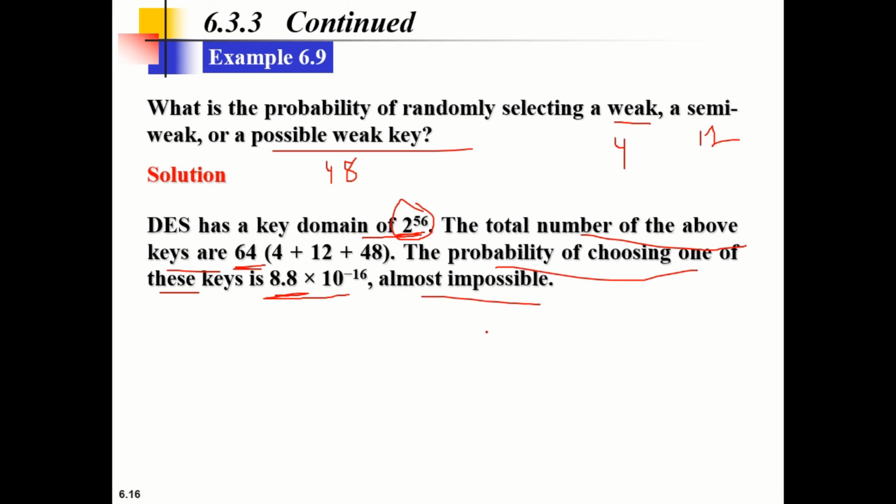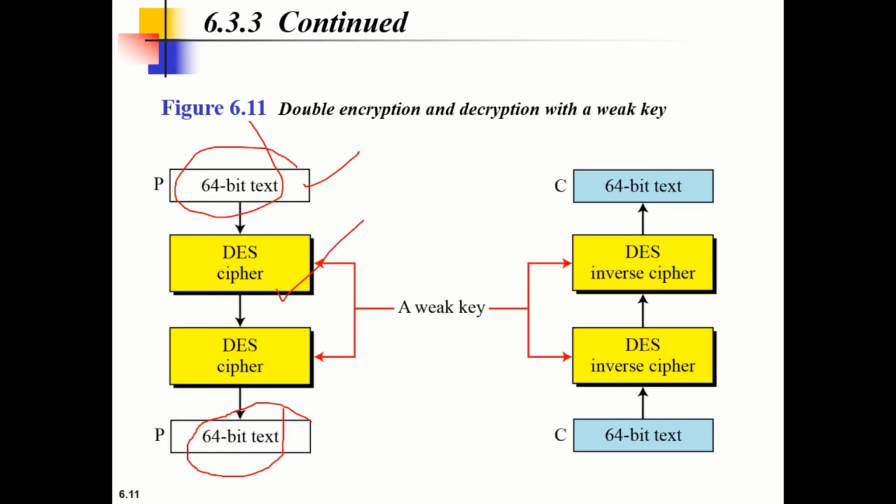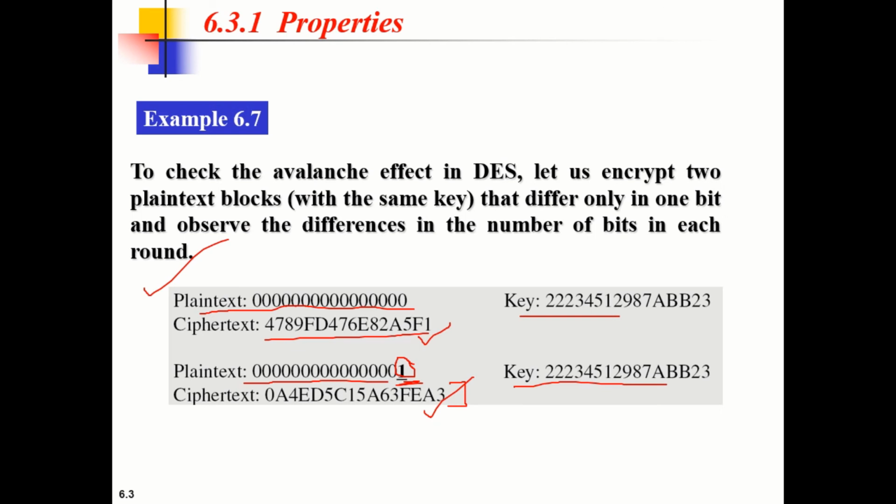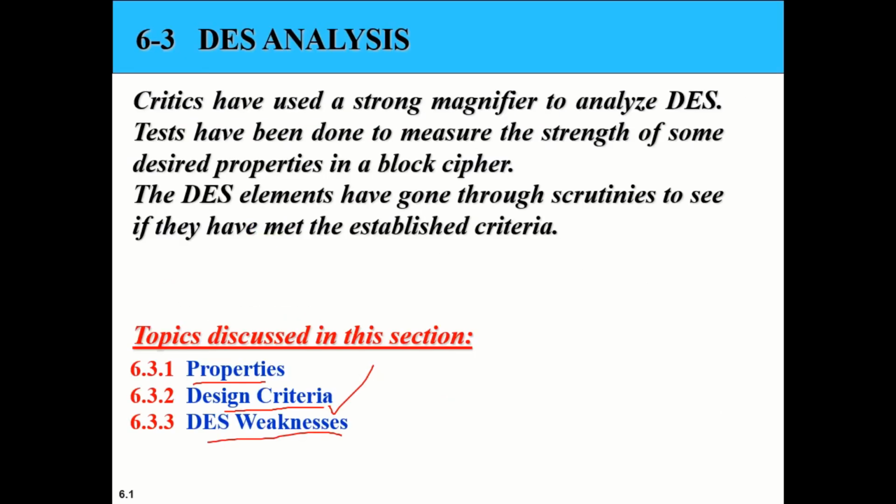So this is all about the topics which we have discussed today. This is all about the DES analysis, wherein we have discussed its properties, which covered the avalanche effect and the completeness effect. And then we discussed its design criteria, which includes the S boxes, P boxes, and the number of rounds.